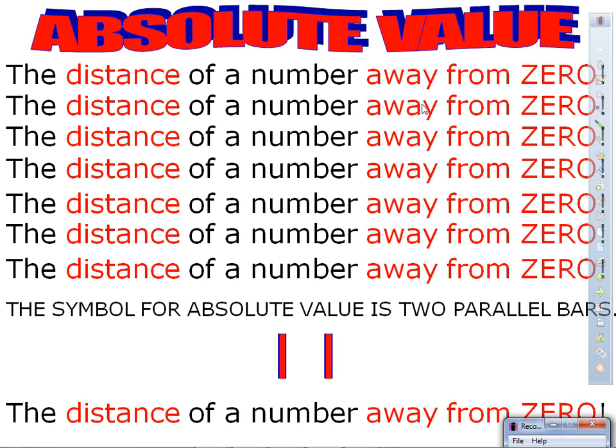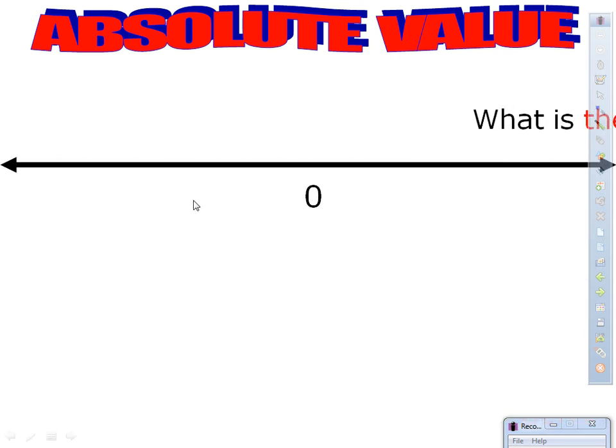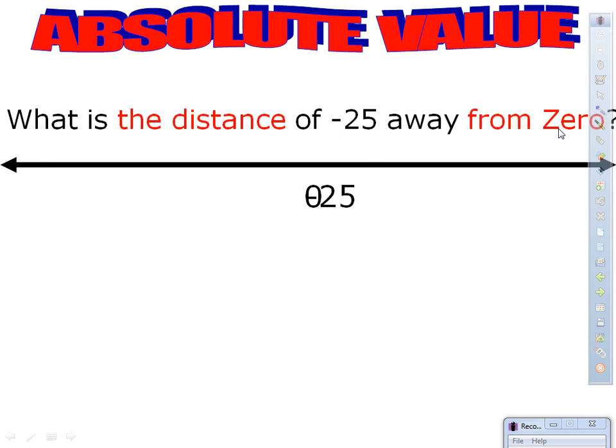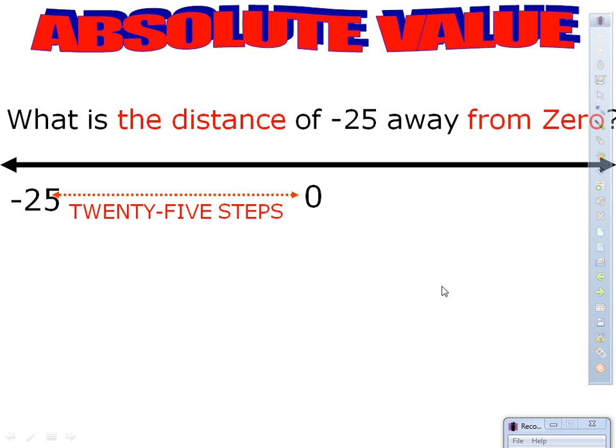Let me show you a different way of looking at it. Let's say the question is, what is the distance of negative 25 from 0? Well, there it goes. 1, 2, 3, 4, 5, 6, 7, how many steps? Or if I was to ask one of you, Michael Jordan, can you step outside, please, and go heel to toe, counting steps all the way to the front office.